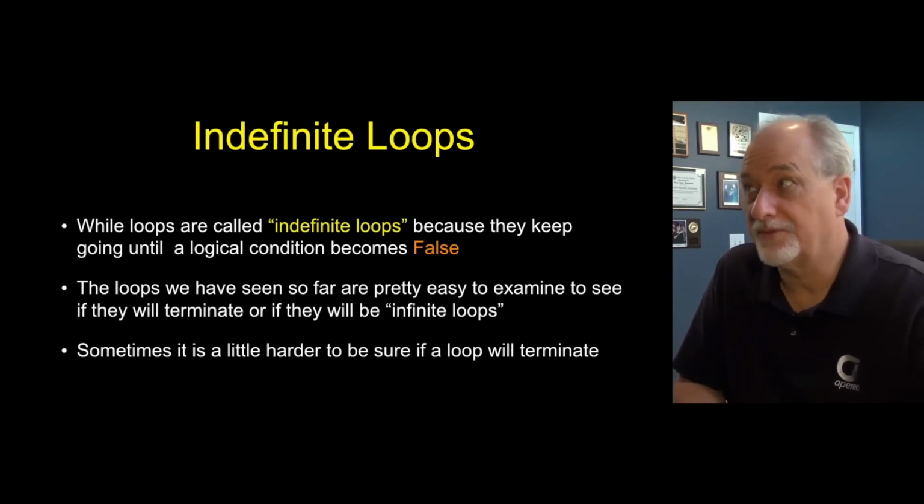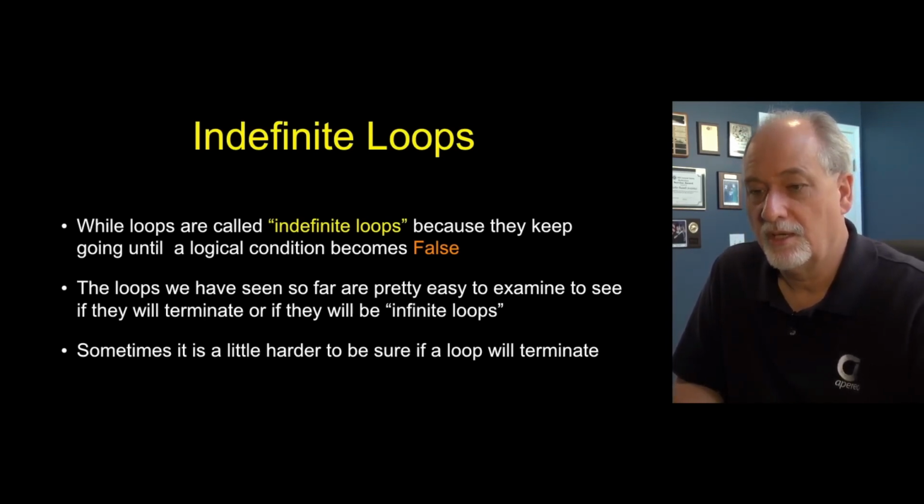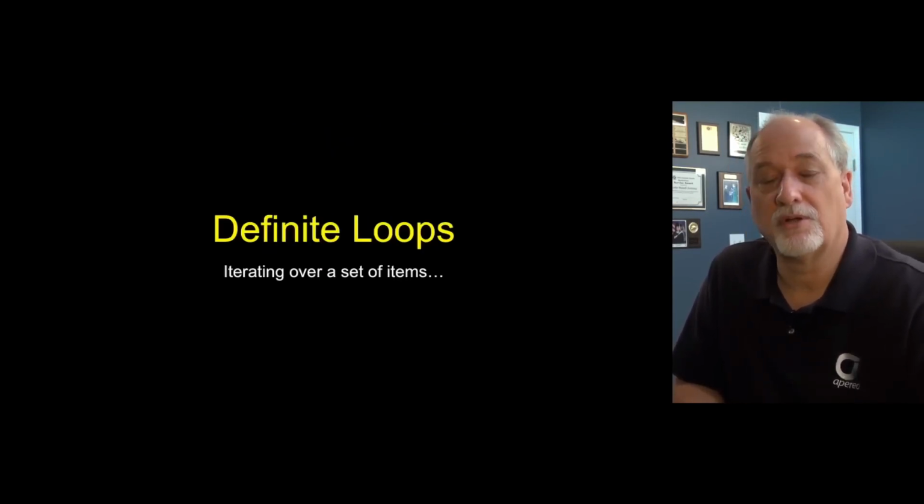But sometimes, if they're long and complex and their termination conditions are more complex, it's not clear that they're really going to terminate. We can use while loops for a lot of things, but for most of our looping, we're going to use what are called definite loops, and that's what we're going to talk about next.